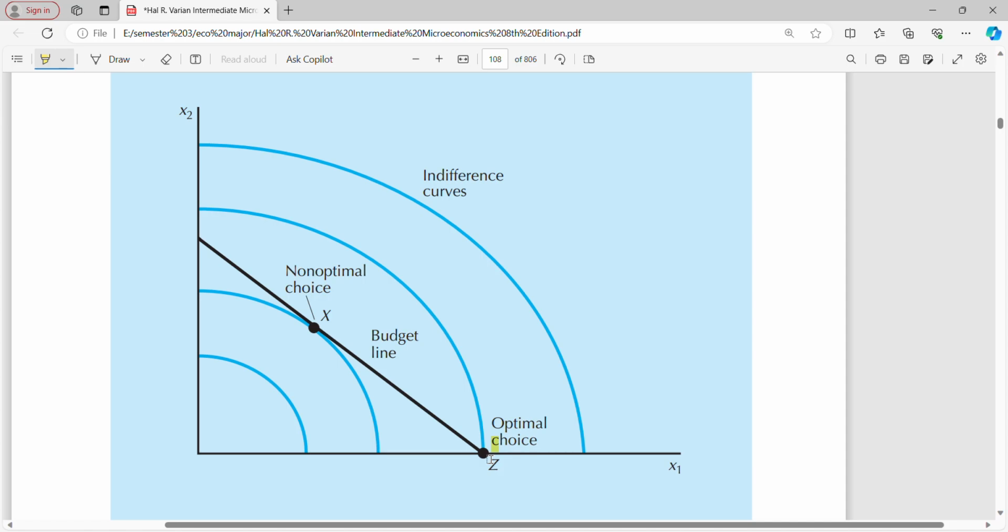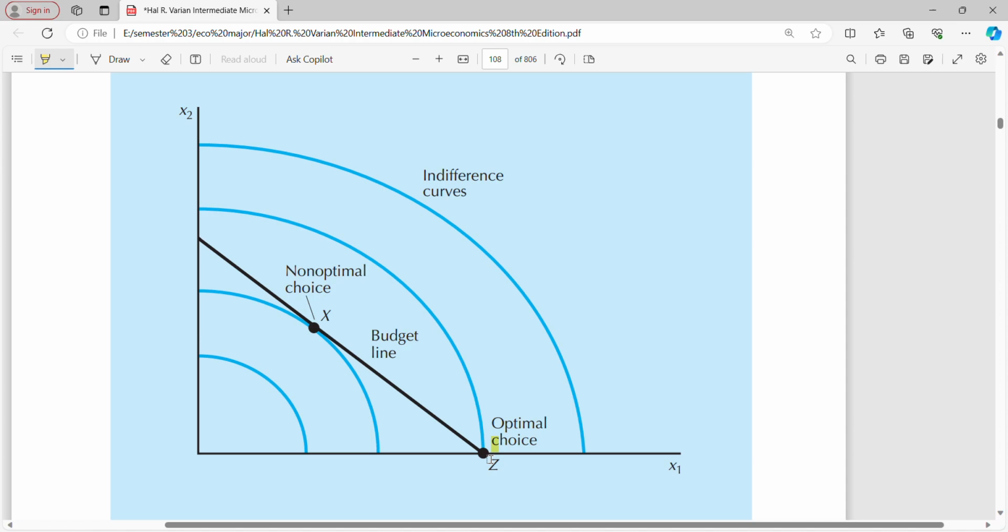Non-convex means, for example, if you have money to purchase ice cream and olives, which is the example given in the textbook, we'll go with that in the readings. You don't like to consume them together. You have ice cream and olives and you don't want 5 ice creams and 5 olives. No, you don't want them in that case.